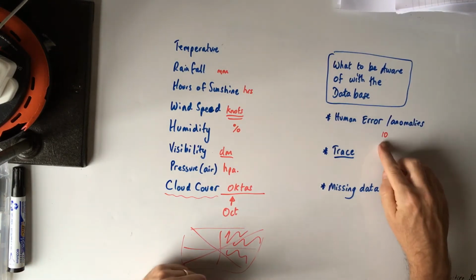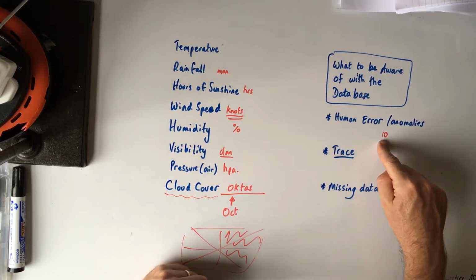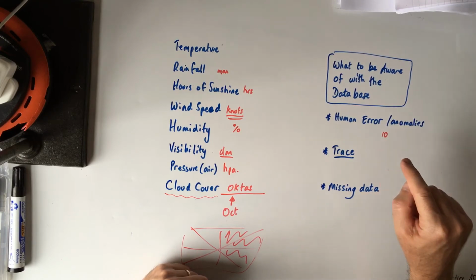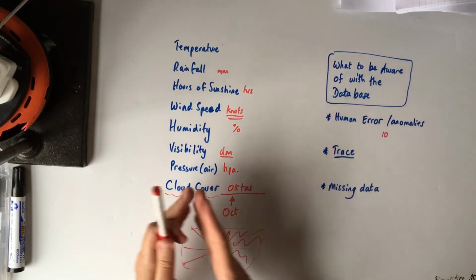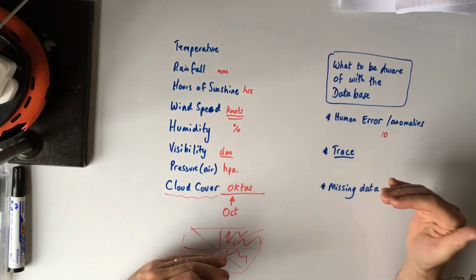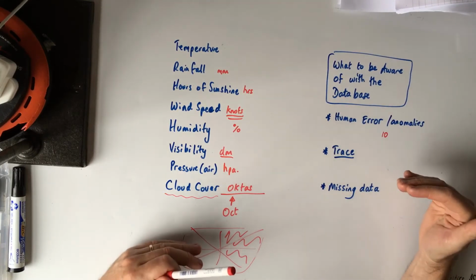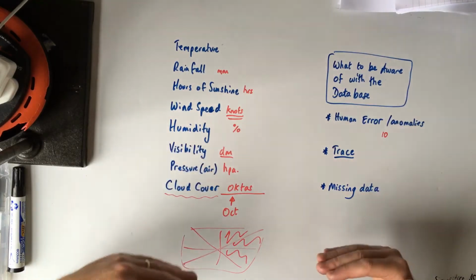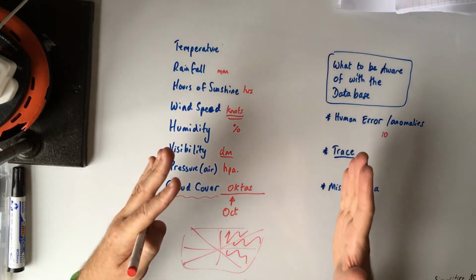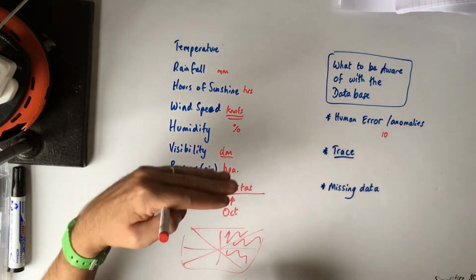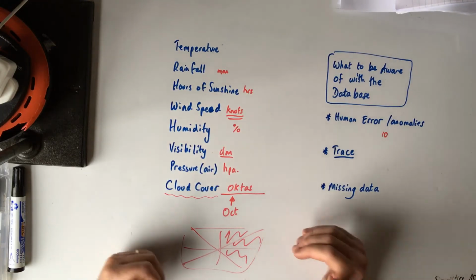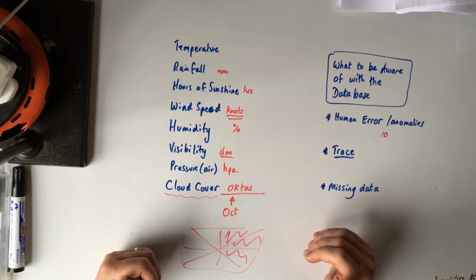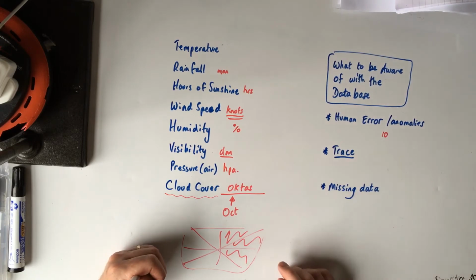Well, of course, if the octas was 10, then that value must have been a human error, because the values only go up to 8, and you would ignore that because you would know it was an error. So you would have to do the average based on 29 days then, wouldn't you, rather than the 30 days for the month. Okay, because you would know that one of the numbers was wrong.